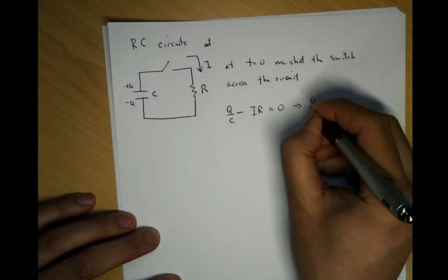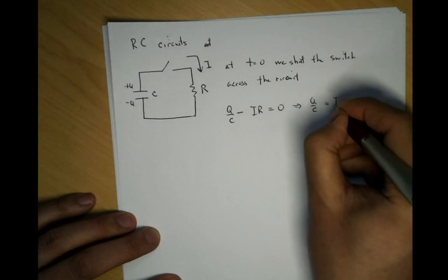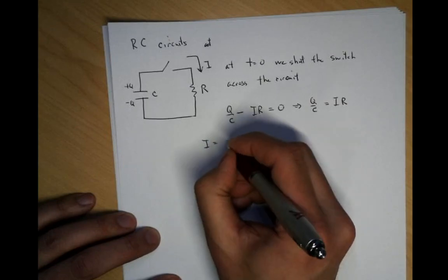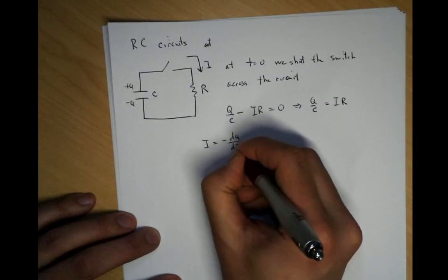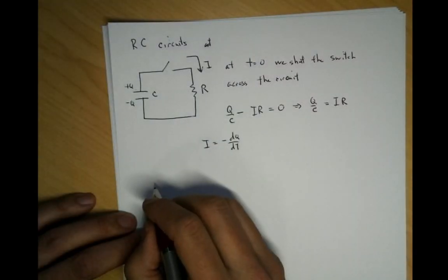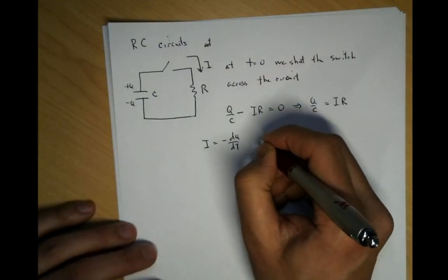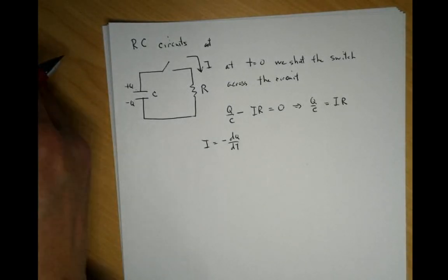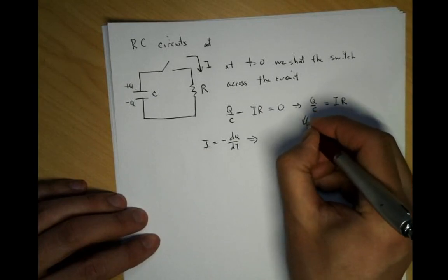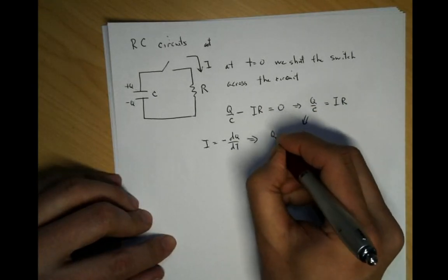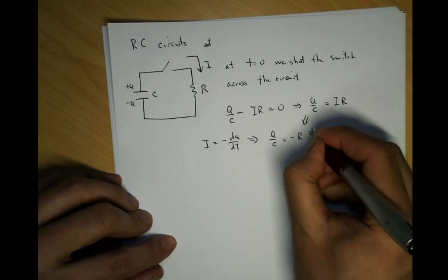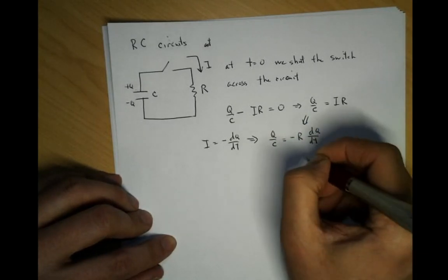And so you have Q over C is equal to I times R. Now, I is equal to minus dQ/dt, because whatever flows through here is subtracting from the total charge which is being stored there, right? And so what this implies together is that Q over C is equal to minus R dQ/dt, okay?